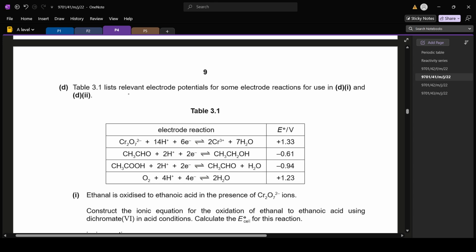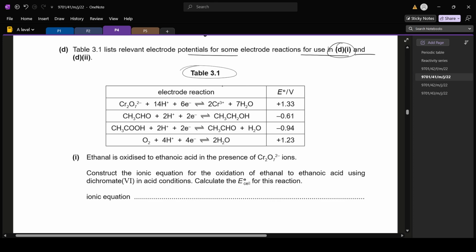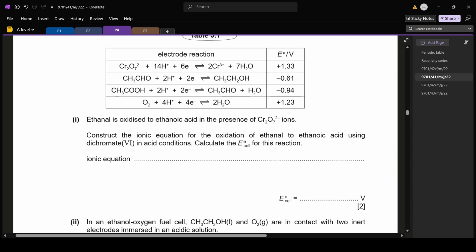Table 3.1 lists relevant electrode potentials for some electrode reactions for use in D1 and D2. The table gives you the electrode reactions and electrode potentials of some of the electrode reactions. Part 1. Ethanol is oxidized to ethanoic acid. By the way, in these electrode reactions you are given reduction potentials.